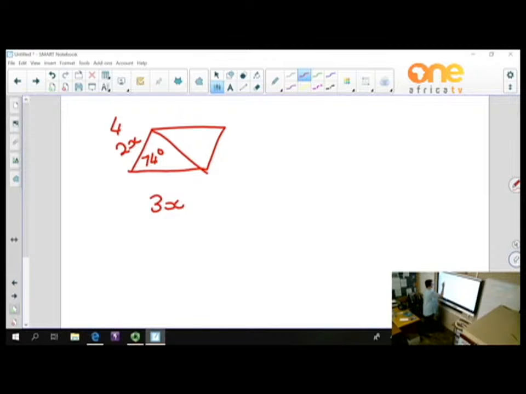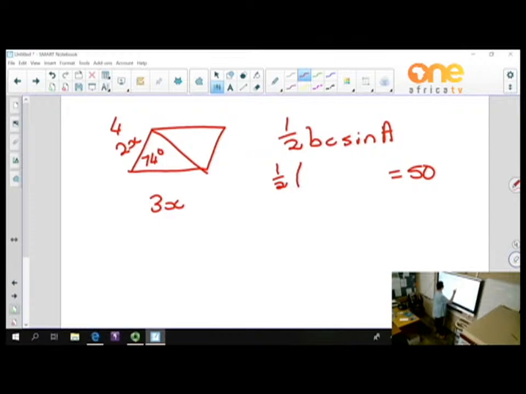Now I'm going to work in the triangle, not in the rectangle. So half BC sine A. So now I'm not going to equate it to 100 but to 50 because I divide it by 2. So it is then a half of 2x times 3x sine 74.